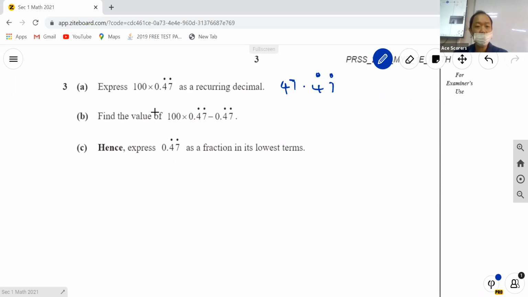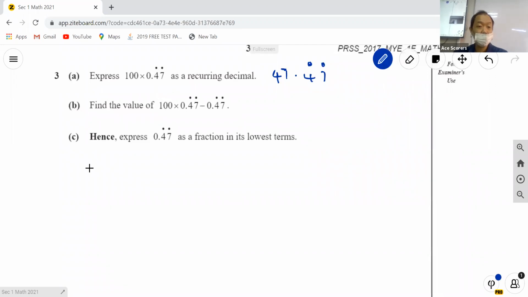So next, find the value of 100 times 0.47 minus 0.47 with dots. Okay, let me show you how it works. For B, since 100 times 0.47 recurring is the same as 47.47 recurring, this one equals this one with 2 dots at the top.